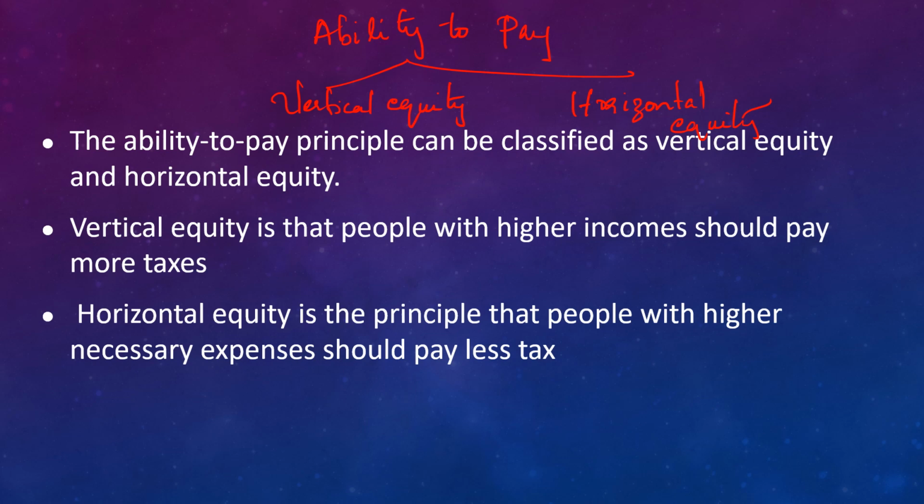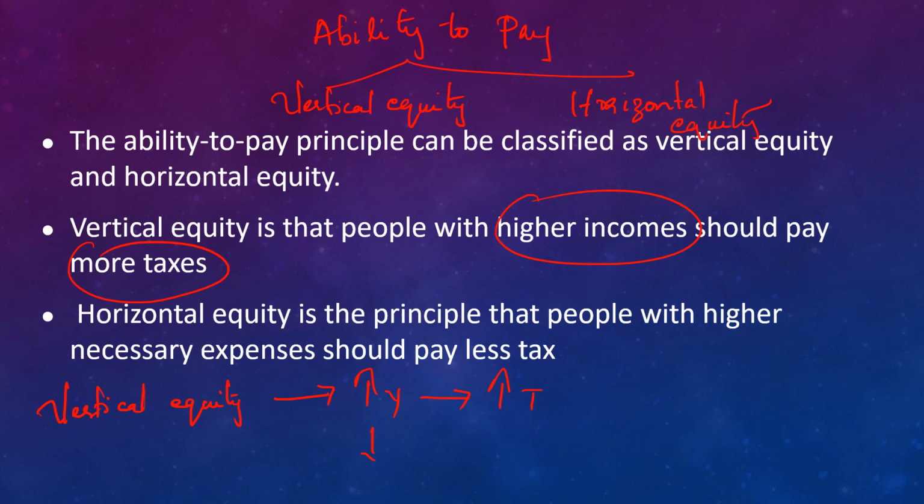Vertical equity means that if people have higher income, they pay more tax. If you have high income, you pay high tax, and if you have low income, you pay low tax.